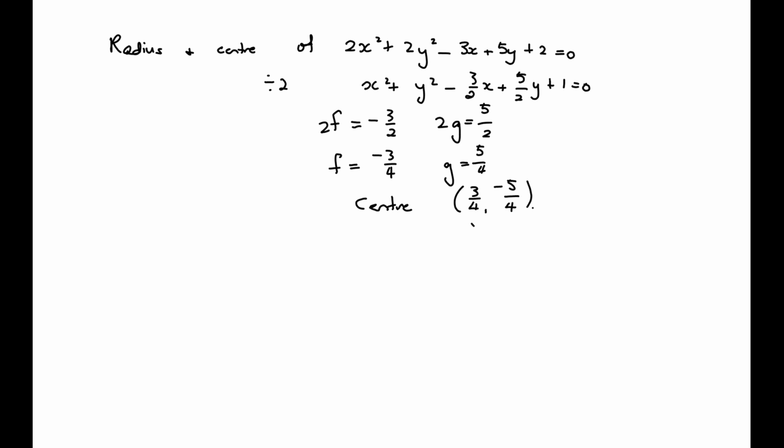In order to find the radius, we're going to have to complete the square, and what we're going to end up with is that x minus 3/4 squared plus y minus 5 over 4 squared is going to be 3/4 squared plus 5 over 4 squared minus 1.